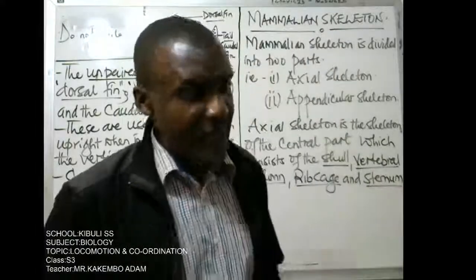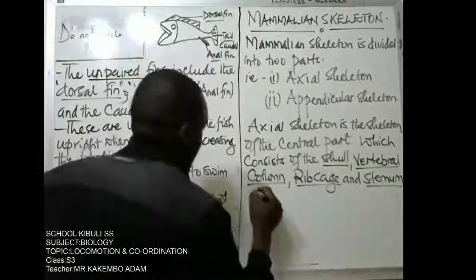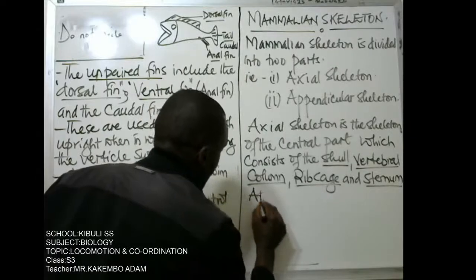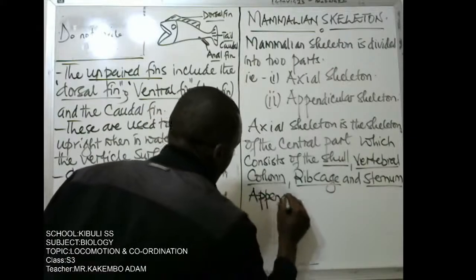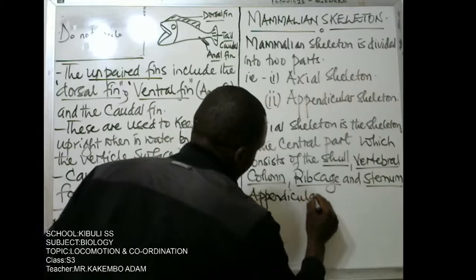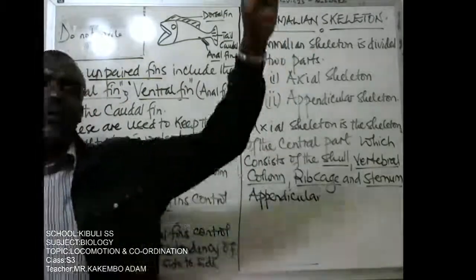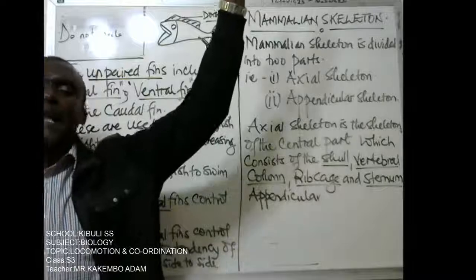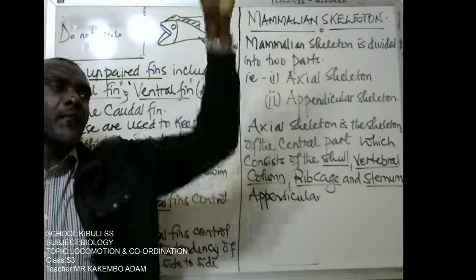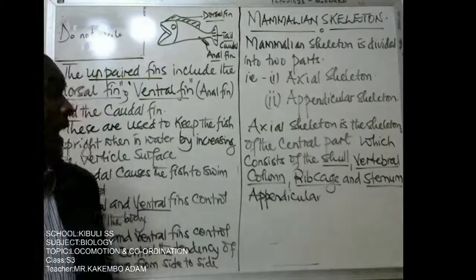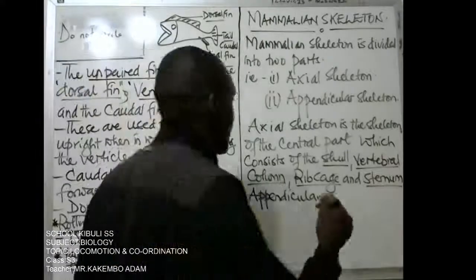The second one is the appendicular skeleton, the remaining parts we have not talked about. Look at the arms and the legs. The arms and the legs make up the appendicular skeleton.